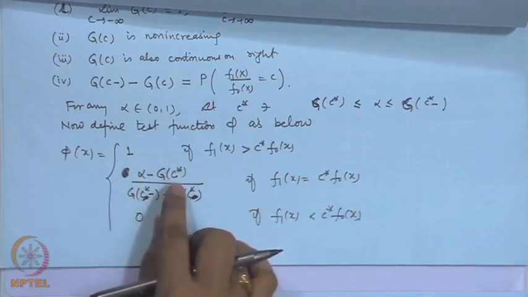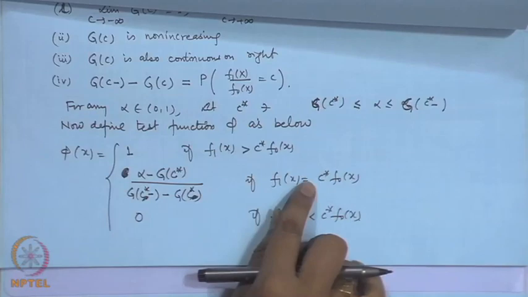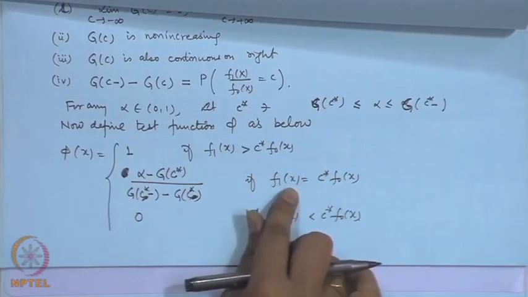Now, in the case of a continuous distribution, the probability of this occurrence will be 0. Therefore, we do not have to write this; rather, we can include the equality at one of the places, either in the rejection or in the acceptance. So, for convenience I will include it in the rejection region.